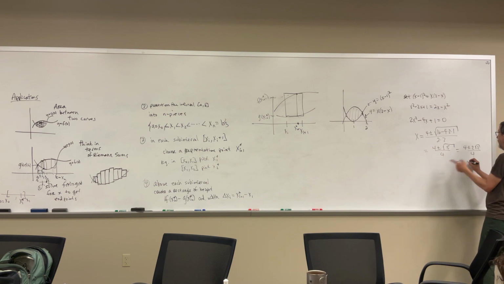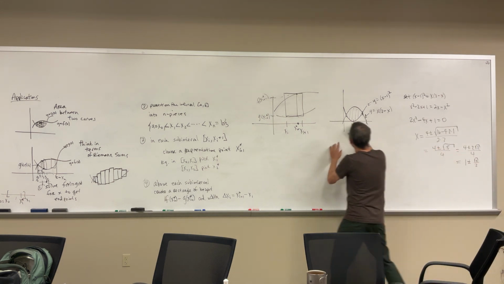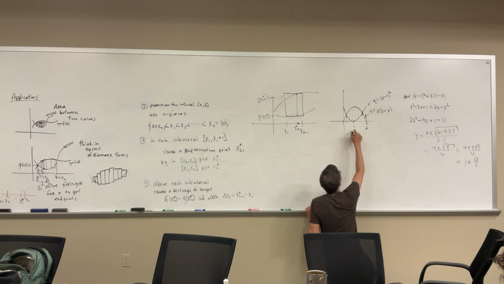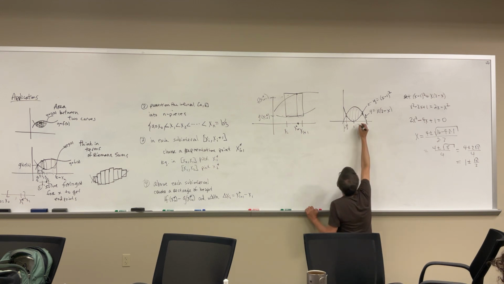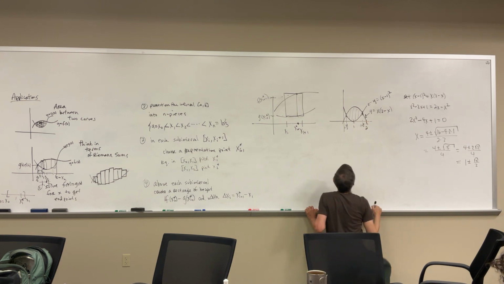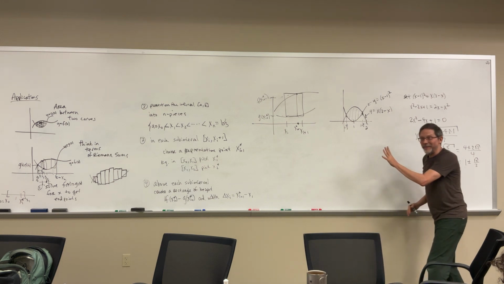So the points are going to be 1 plus or minus square root of 2 over 2. So this is the minus one here. Notice you got the 1 in the center, and then it says move over square root of 2 over 2 this way. So there's 1 minus, and then there's 1 plus square root of 2 over 2. So far, so good. Does that make sense?